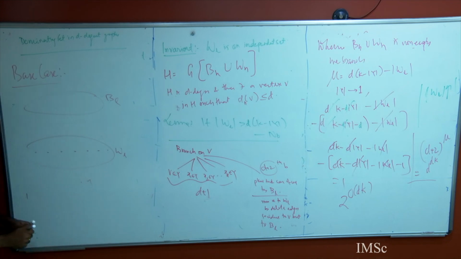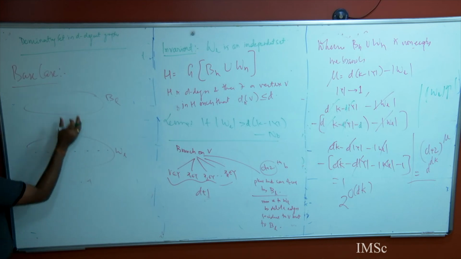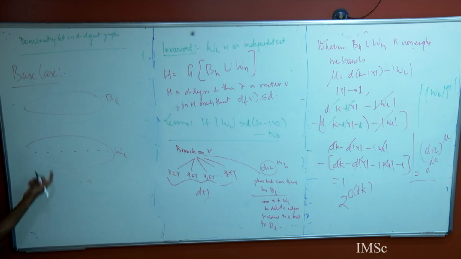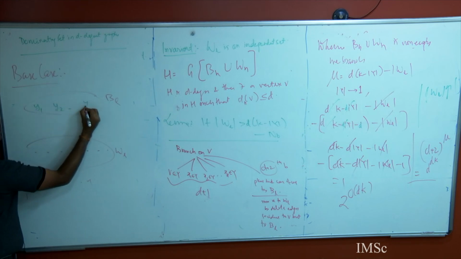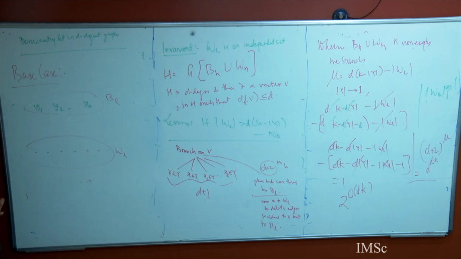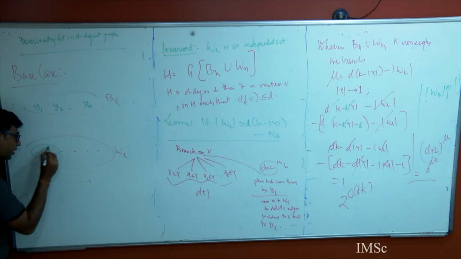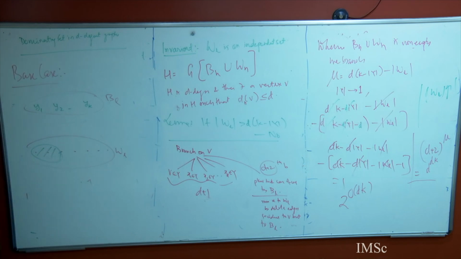Now let's write dp. Let me tell you first the trivial solution. These guys are going to be dominated by k people. I don't know who those people are. Let's give them variable names: Y1, Y2, Yk. I don't know who those Ys are. For Y1, who is the set of vertices which Y1 dominates?